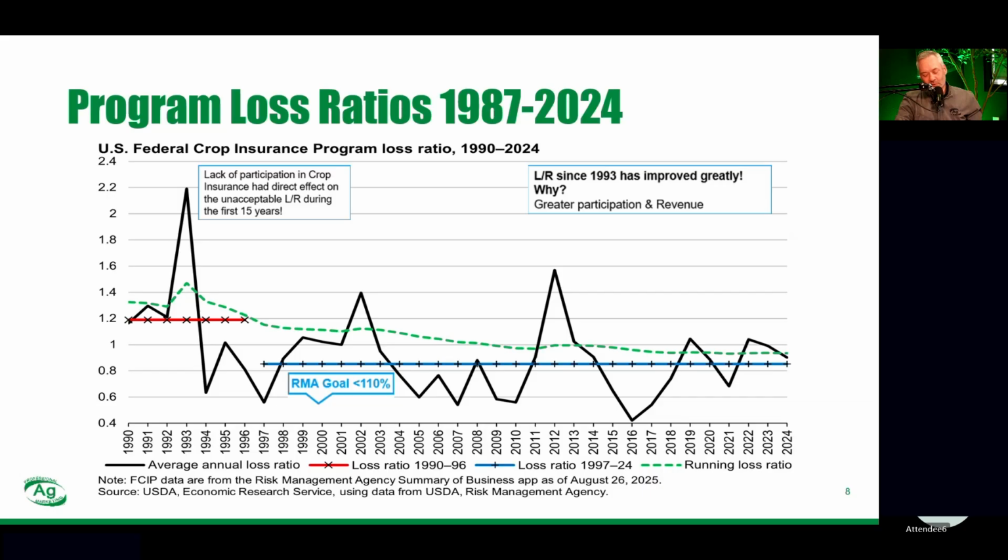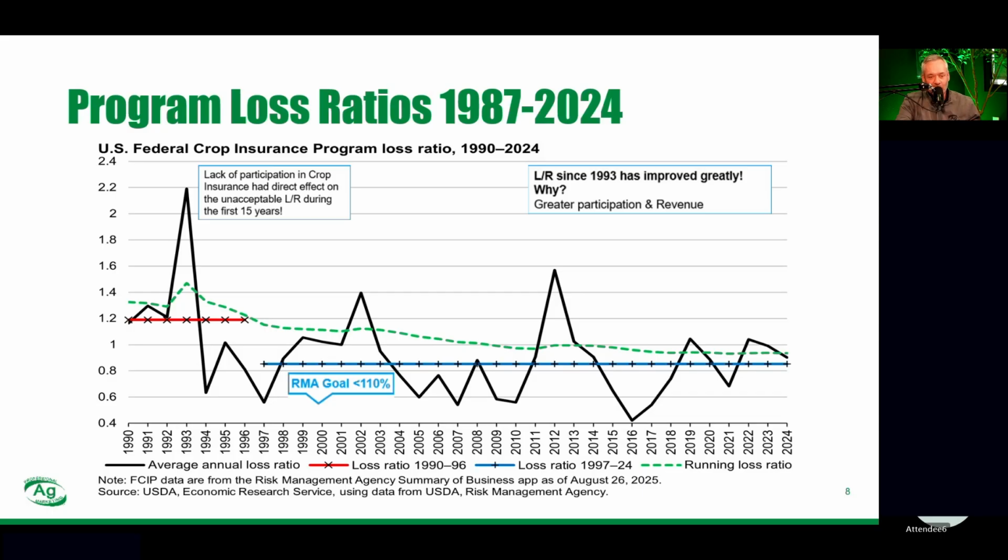How about loss ratios? One of the things I get asked a lot is, man, Lucas, I spend a lot of money on crop insurance and I never see losses. One thing that the government likes to do is they try to design the crop insurance program where it is going to pay out.